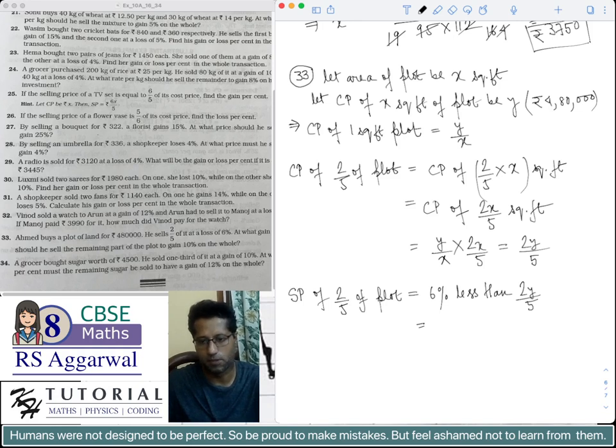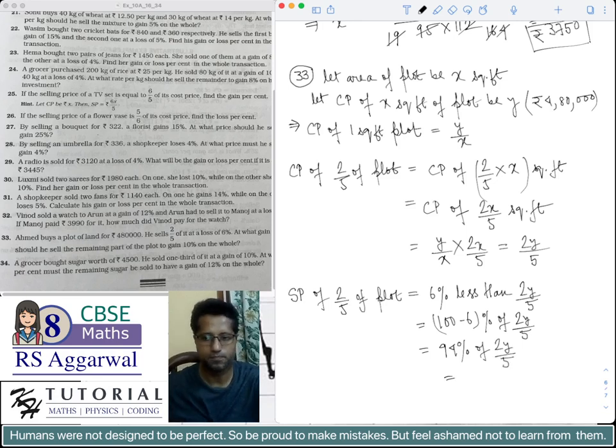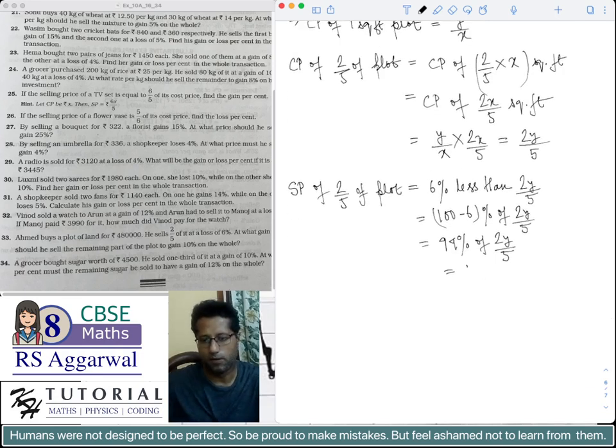This is equal to 6% less means 100 minus 6% of 2y by 5. This is equal to 100 minus 6 is 94, 94% of 2y by 5, which is 94 divided by 100 multiplied by 2y by 5. Let it be like this. So this is the selling price of 2/5 of the plot.